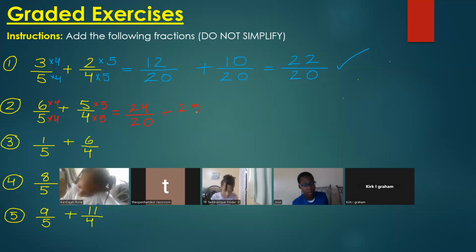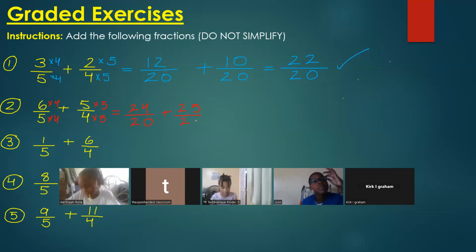Okay, and if you add them all together, your answer should be 49 over 20. Is that your answer? No, I said 49 over 20. Yeah, that's what I said. It sounded like you said 29 over 20.